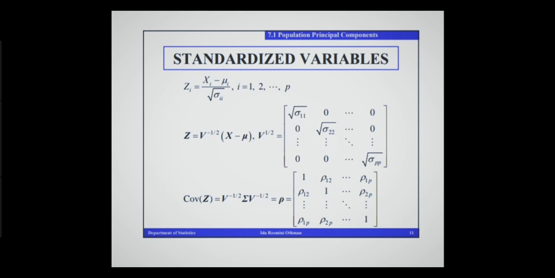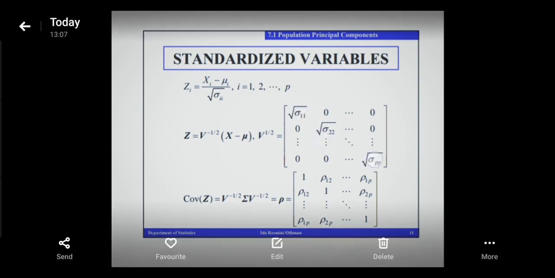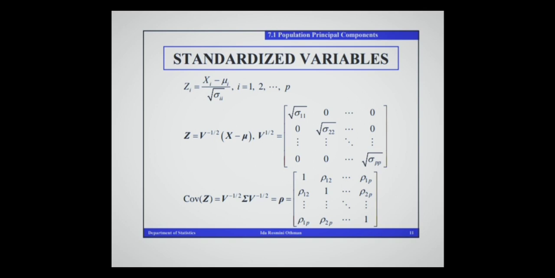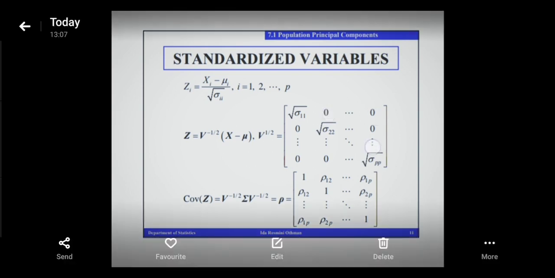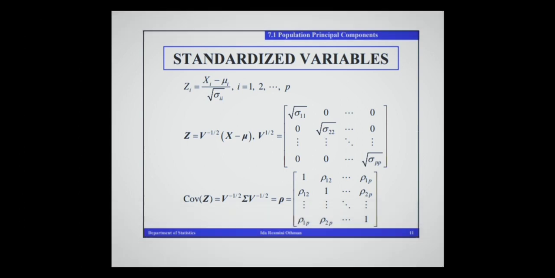If it is just matrix V, the main diagonal will be the variance, but because here we want the square root of the V matrix, all the main diagonals should be square root. It means all the variance of the variable should be square root, and then all the other elements will be 0. Okay, because this is the diagonal matrix of variance.